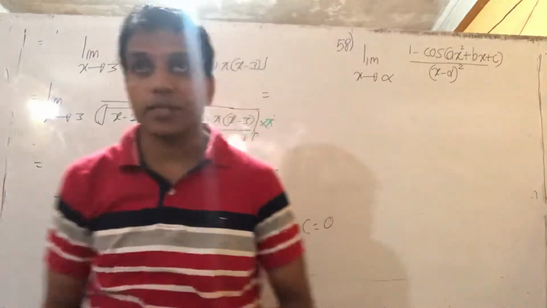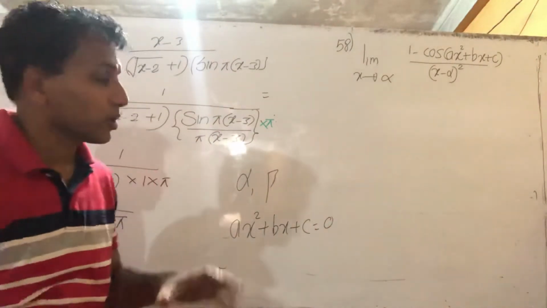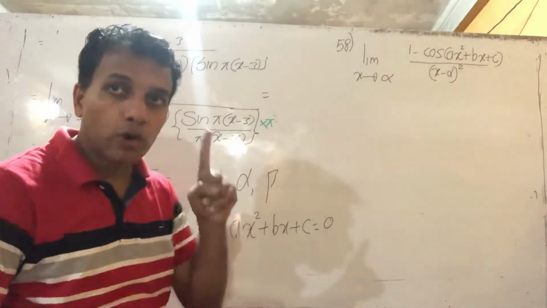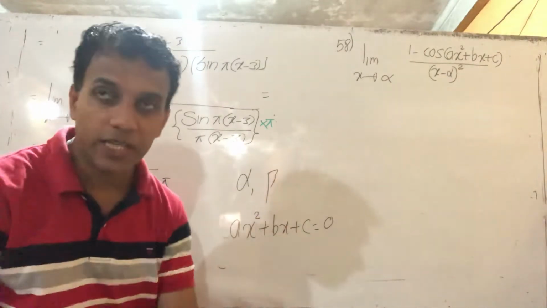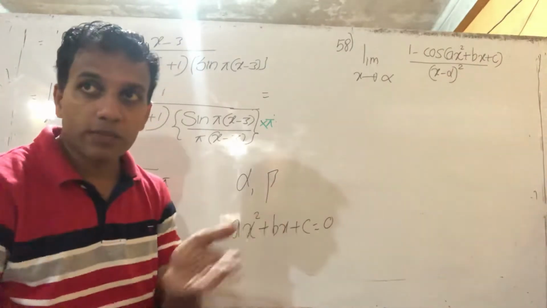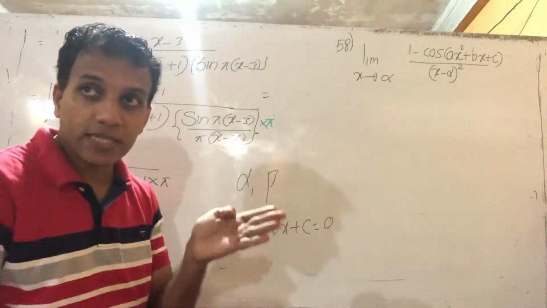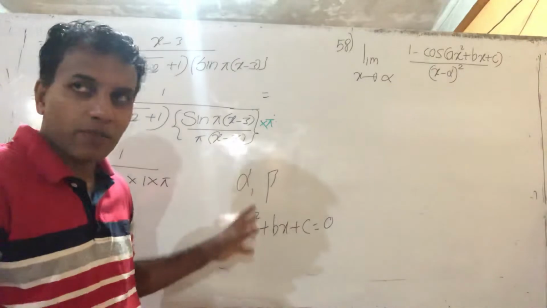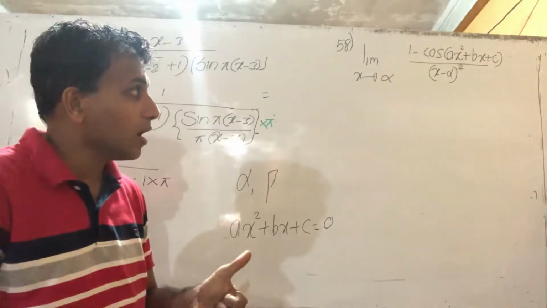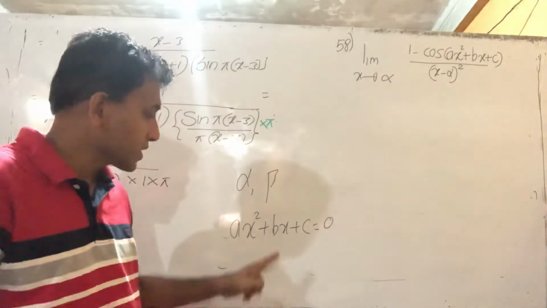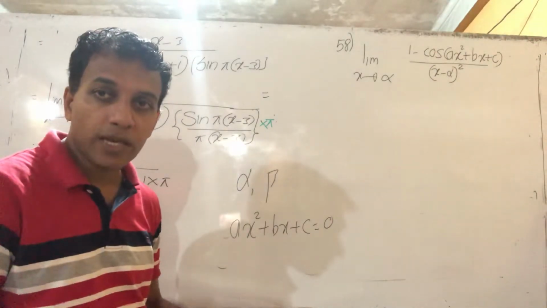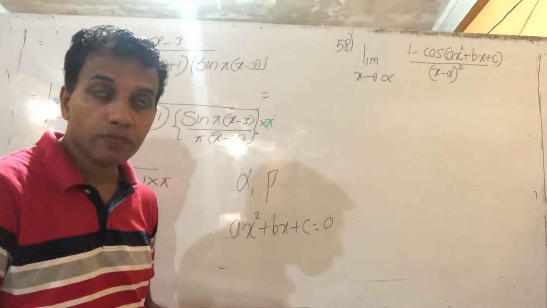Check this answer. So this is not a straightforward limit, there's a quadratic equation. I hope that when you come to the advanced combined maths classes, the grade 12 lesson, quadratic equation, the basic part, is covered. They say alpha and beta are the roots of the standard quadratic form equation ax square plus bx plus c equal to 0.